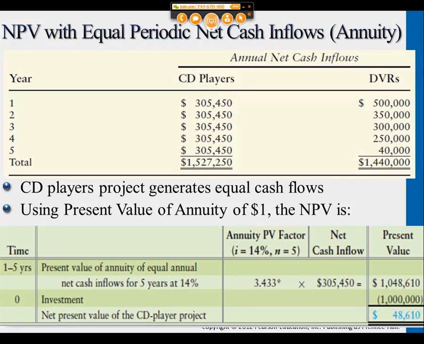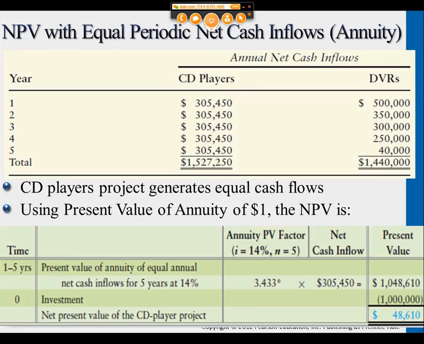So let's go through the case with the CD players. We're going to use present value of annuity at $1. We'll calculate our net present value the following way. Let's learn how we calculate the left side first.